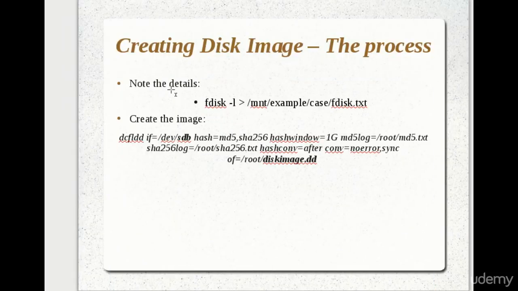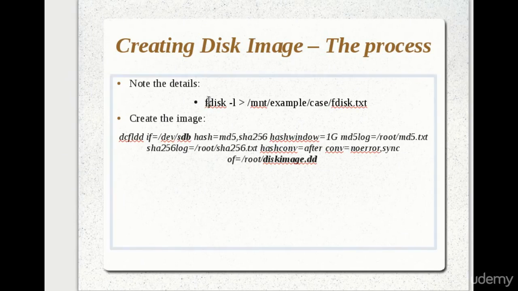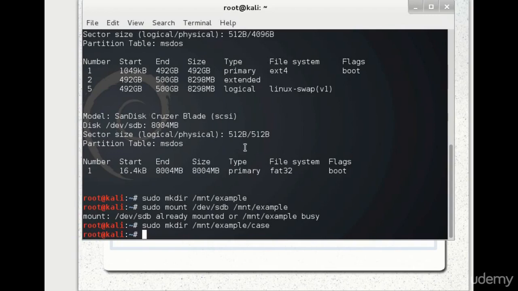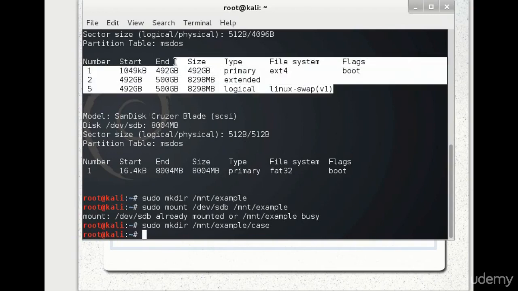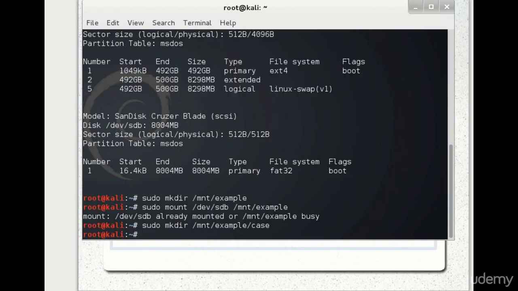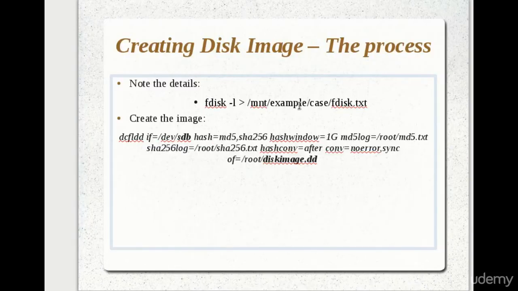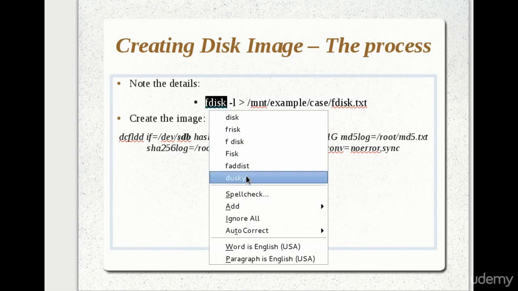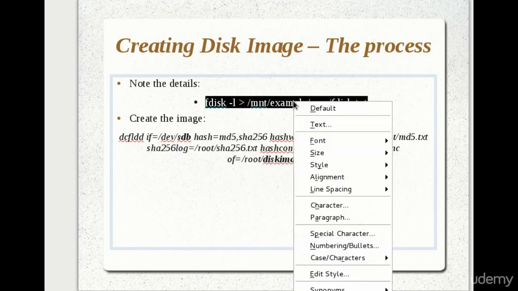Since we have basically done everything, if you want to store the details of the commands and processes that we have just executed, you should note every detail, because sometimes you need this information for documentation purposes.